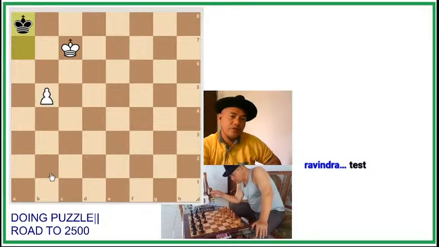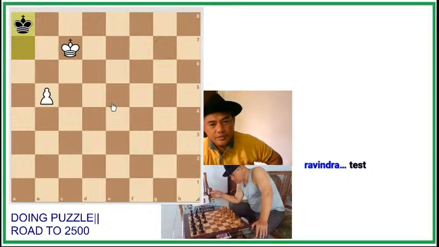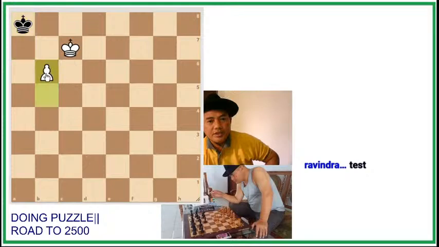This is called the knight pawn because the pawn is in front of the knight. This is also the knight pawn. When the pawn is a knight pawn, then your king can go here, and be careful of the stalemate like this. You have to be careful of the stalemate.